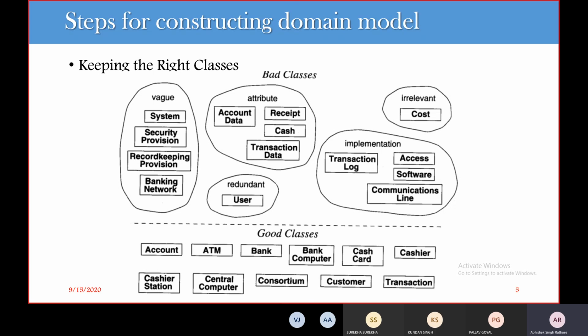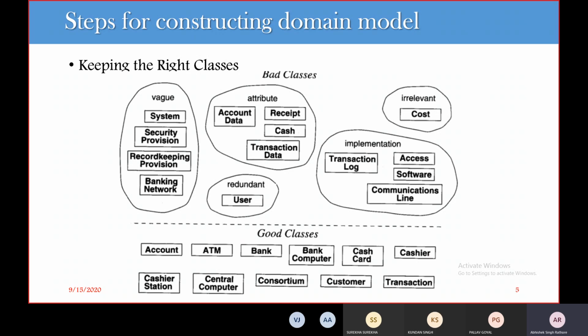Let's consider the attributes for keeping the right classes. Attributes play an important role in identifying the right classes, because attributes usually define the state of your object. Consider an object that contains a name, birth date and weight; these are the attributes of your classes.